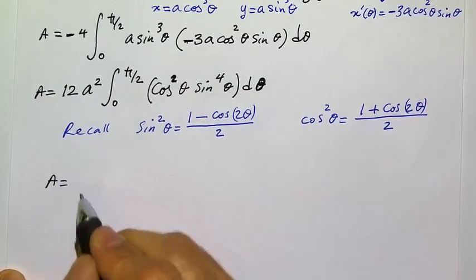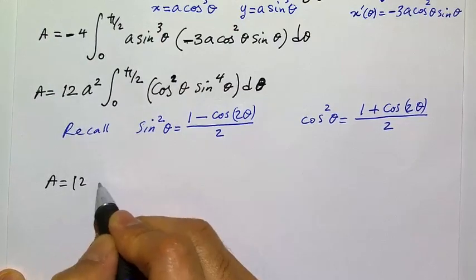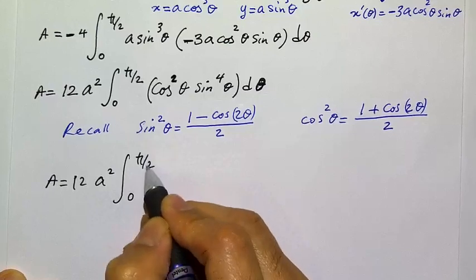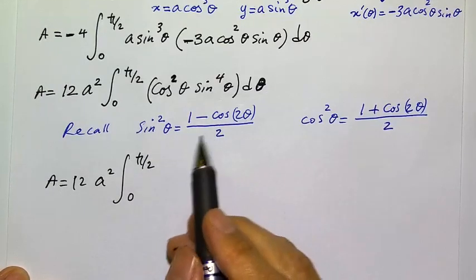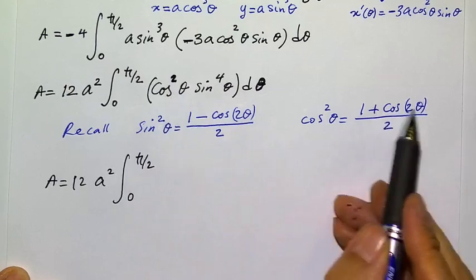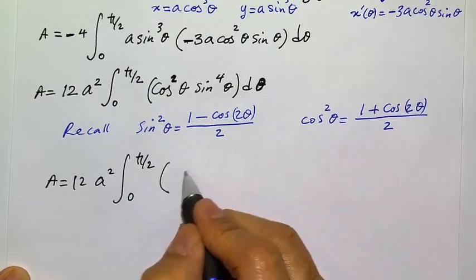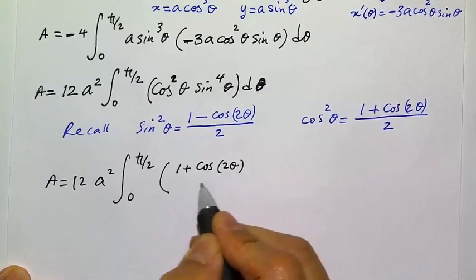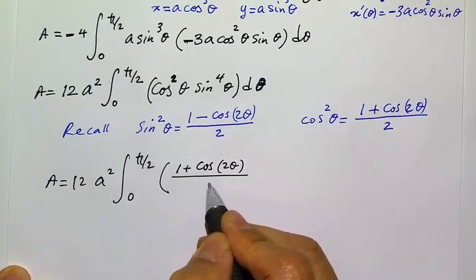So a equals 12a squared integral from 0 to pi over 2, and then instead of cosine squared theta, I'm going to include 1 plus cosine 2 theta over 2.